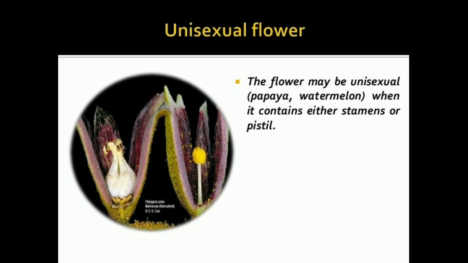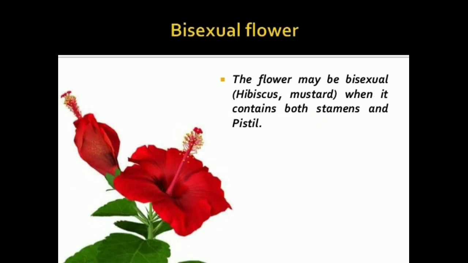And the second type of flower is the bisexual flower. So both sexes will be present in the same plant. The flower will have both stamens and pistil in the same flower. That is, the male reproductive part and female reproductive part will be present in the same flower.